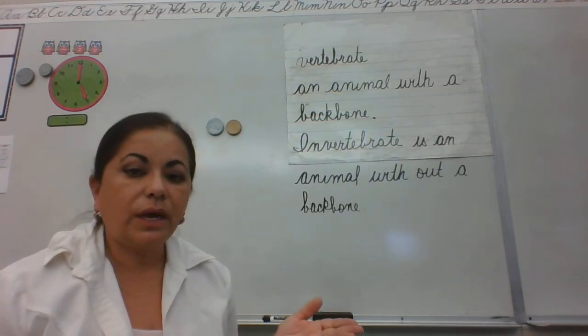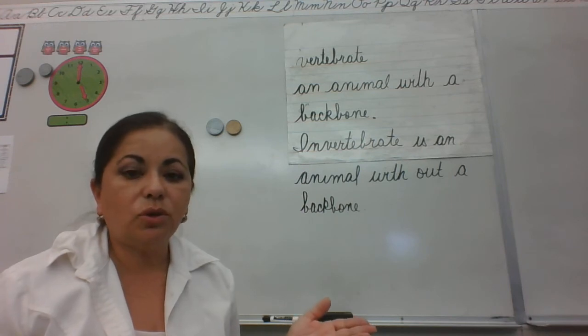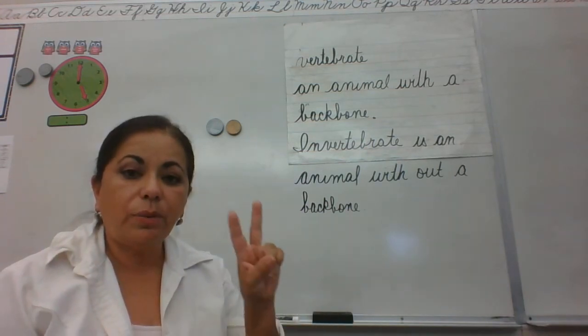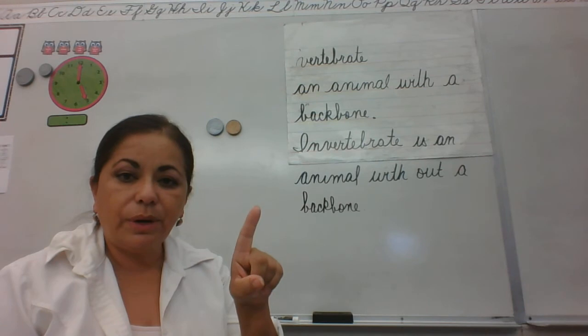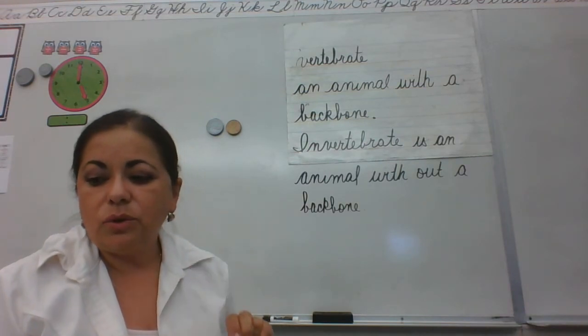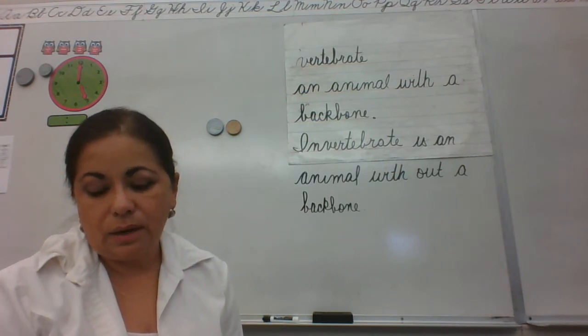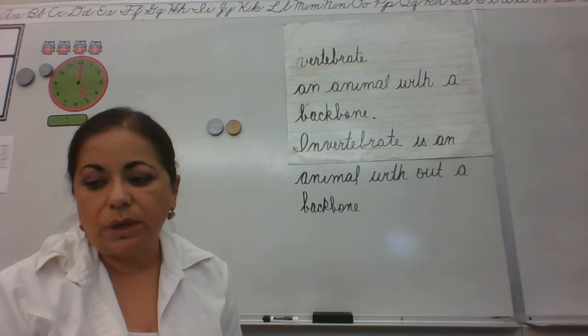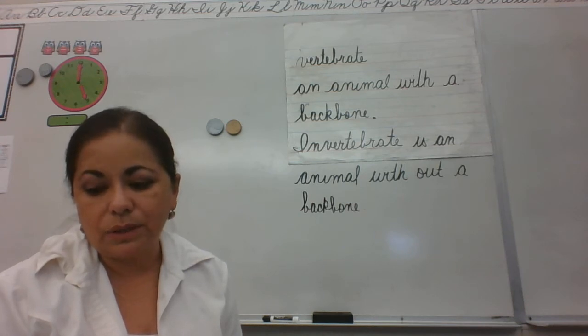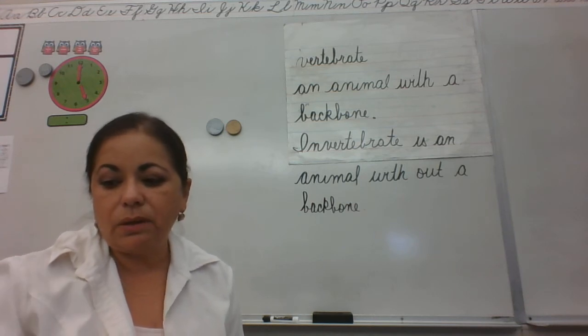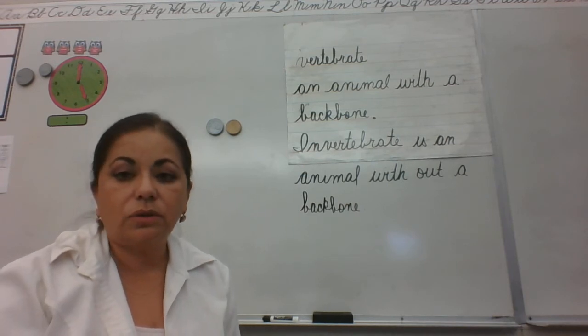Remember, in order for the scientists to be able to make it easier to learn, they put them into groups. So they put them into two groups, vertebrates and invertebrates. So your second question is going to be vertebrates and invertebrates. And you can just get the spelling from the first question.